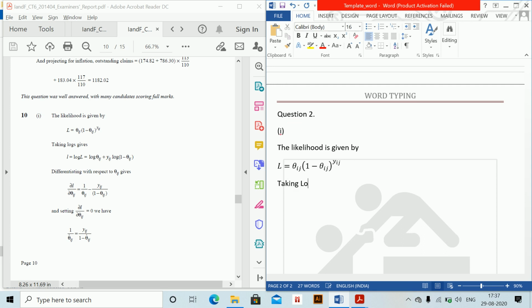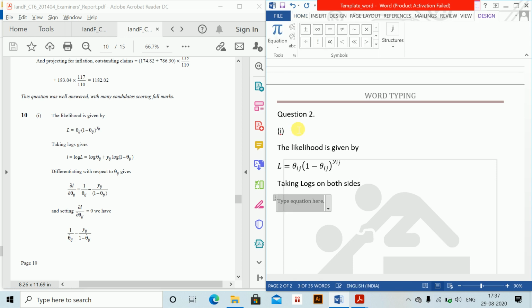taking log on both sides, we have been given log L is equal to, come out of this, log of \theta_ij plus y_ij (1 minus \theta_ij).